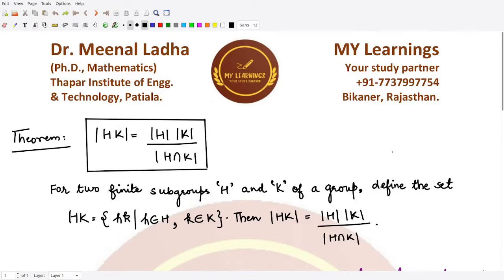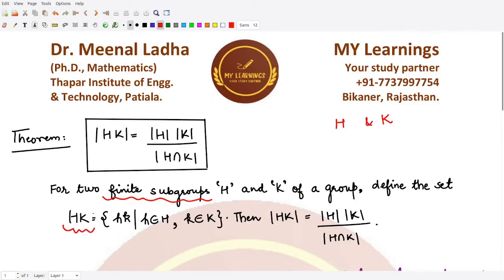So here this result tells us that if we have some group G, and H and K are two finite subgroups of that group G, then for those subgroups H and K, we may first of all define this set HK. This is basically a subset.